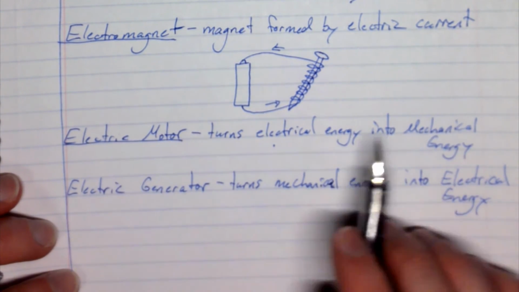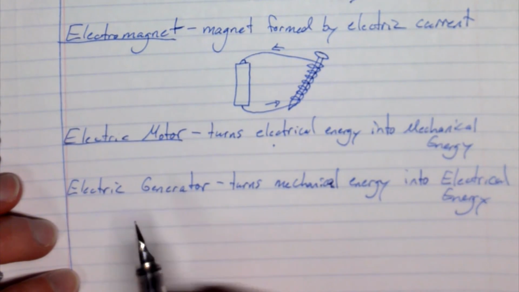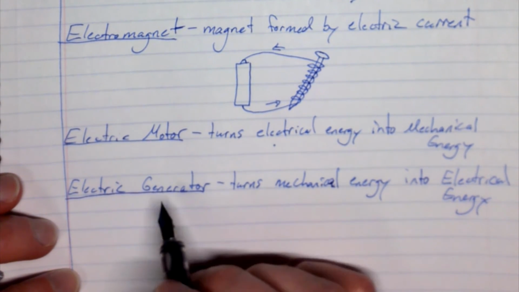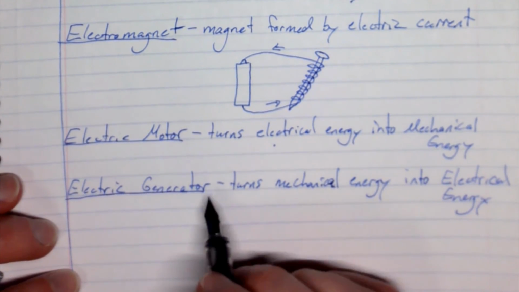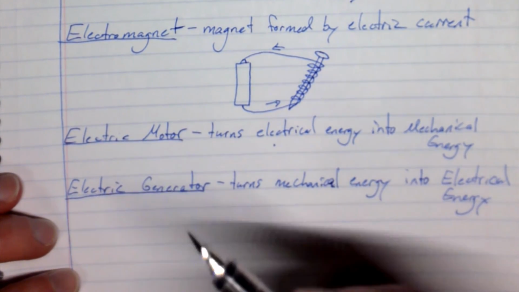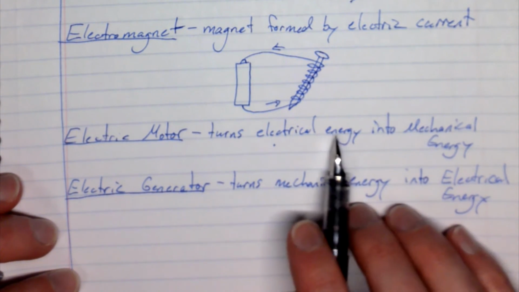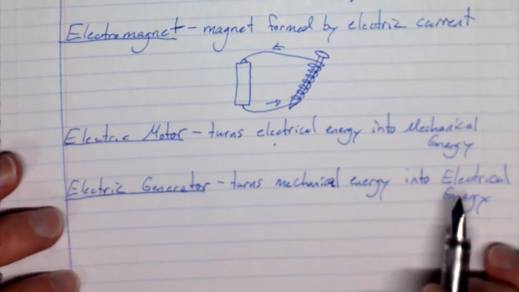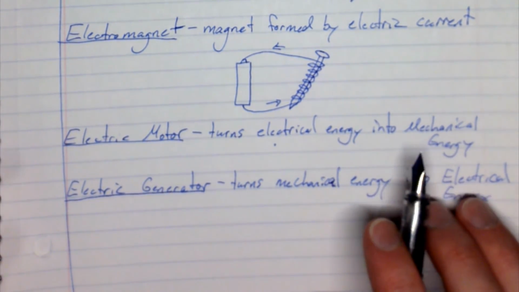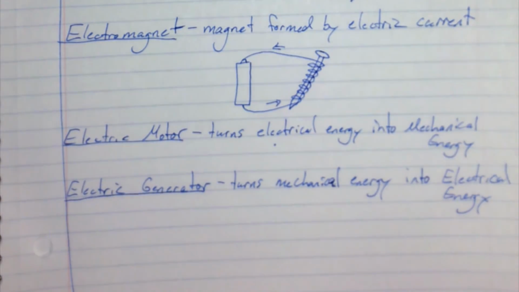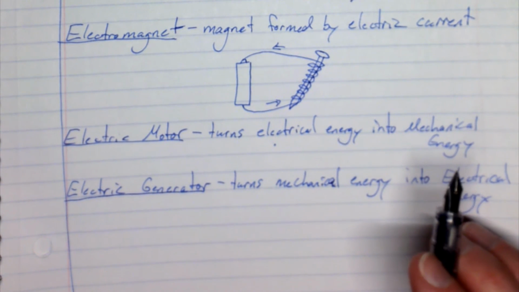But I can also spin it and create electricity, which is pretty neat. Now obviously some generators are specifically made for that, and so they produce more electricity, and motors are specifically made to do the one thing they're made for, so electrical energy, and they'll spin really well. So they may not be ideal for doing the opposite, but it's still something that could potentially work, which is kind of cool.